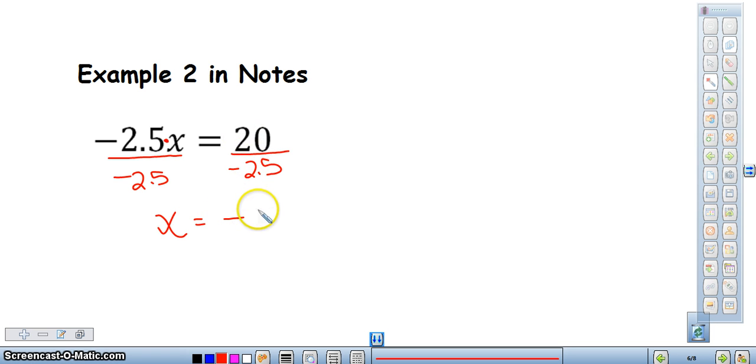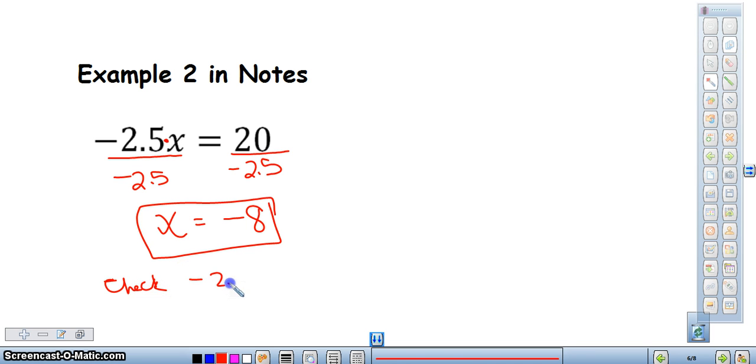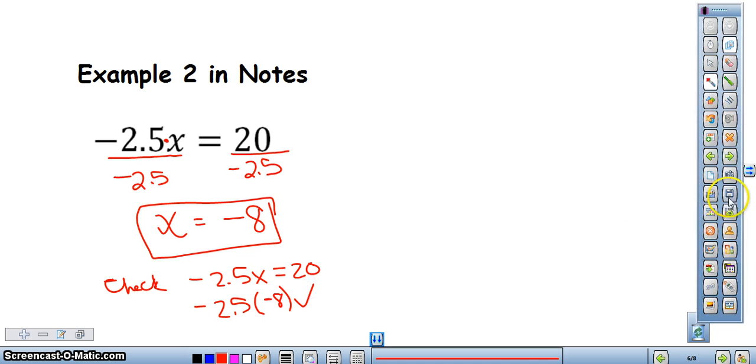Positive divided by negative is negative, and 8. I gotta check that. The original equation said negative 2.5x equals 20. I'm looking at negative 2.5 times the negative 8. Well, you know negative times a negative is positive, and in this case it checks.